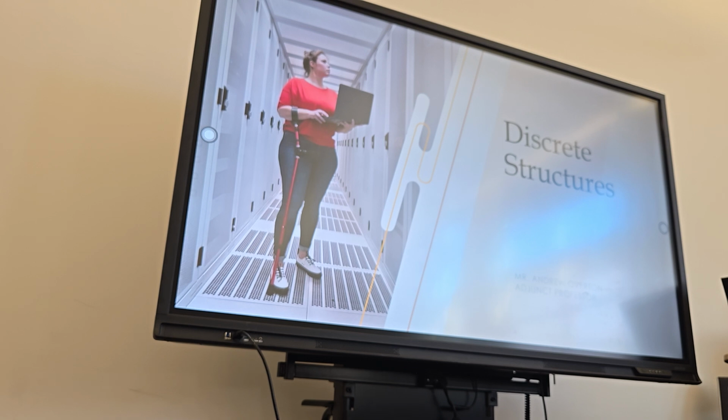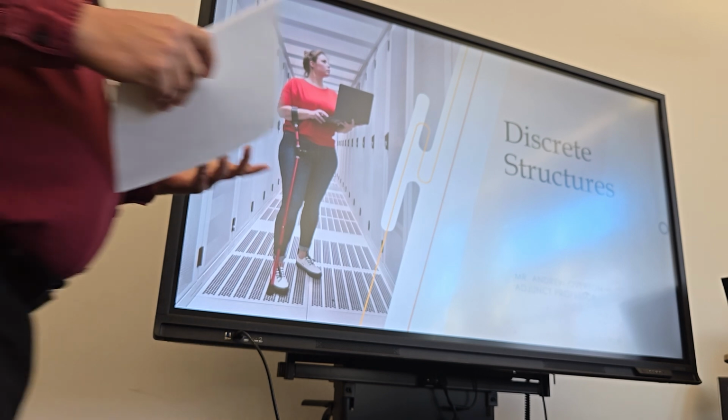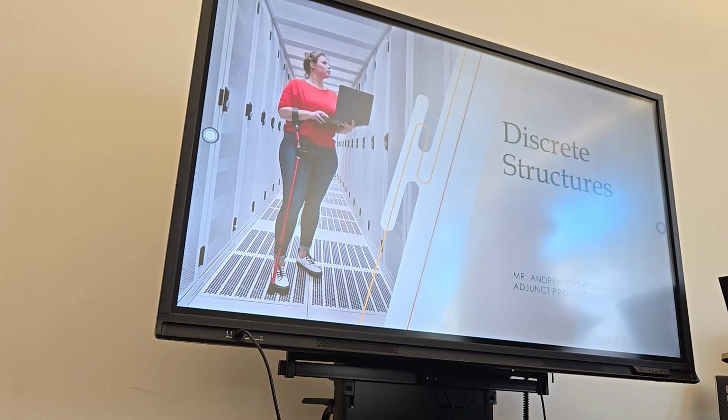Most of the material you probably already know, or intuitively know, and this class is basically formalizing it mathematically. So, generally speaking, no big secret here.